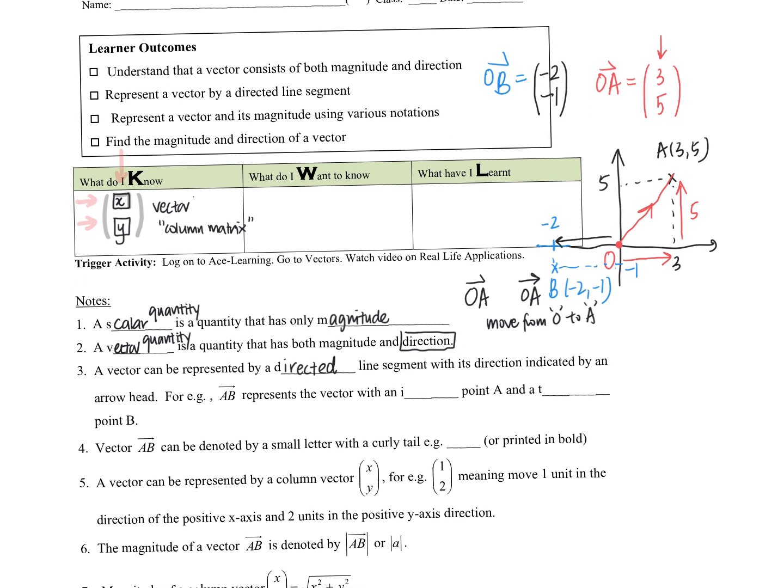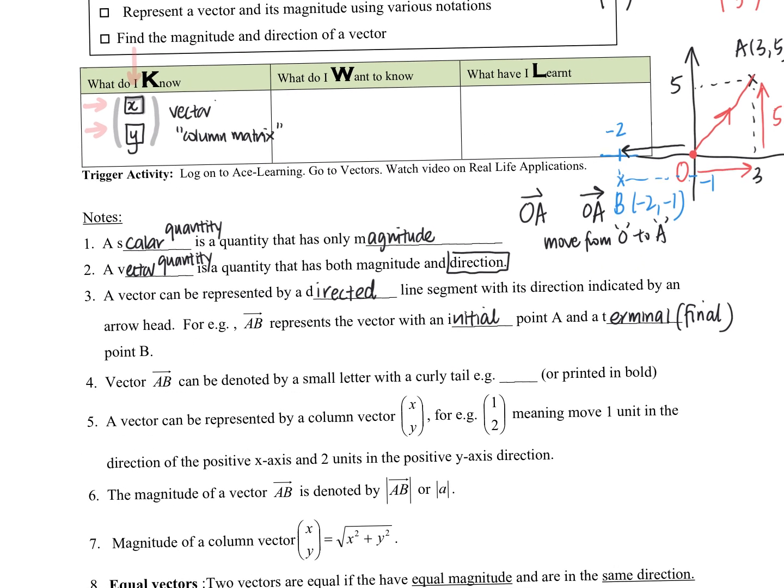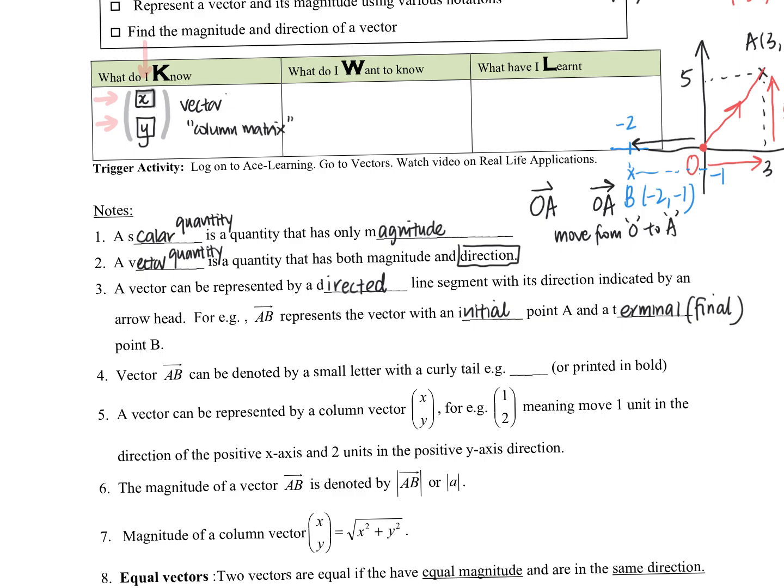So arrow AB represents the vector with an initial point A, okay, and a terminal, or we can say final, point B. Okay, sometimes instead of writing vectors as A moving to B, we say, okay, let this vector be represented by A.